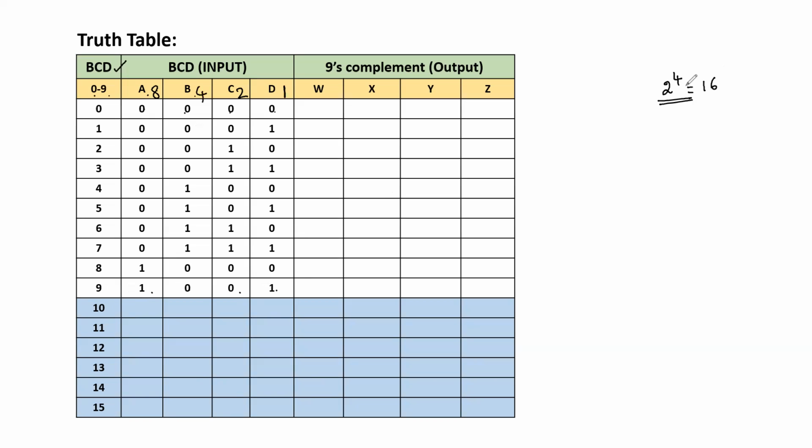But out of these 16 we are using only 0 to 9, totally 10. The remaining 10 to 15 are unused numbers, so we have to use these as don't cares in K-map simplifications.